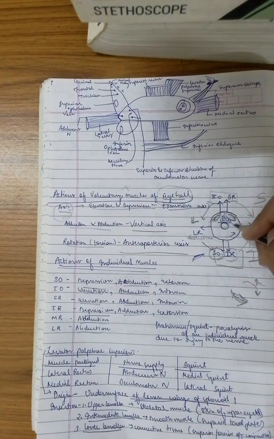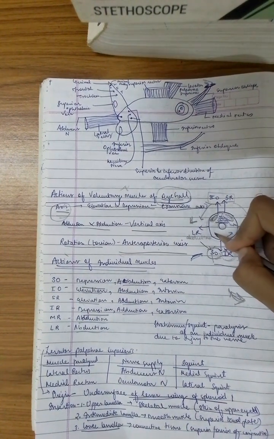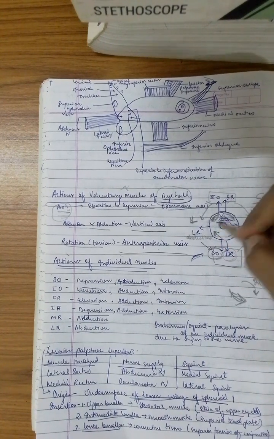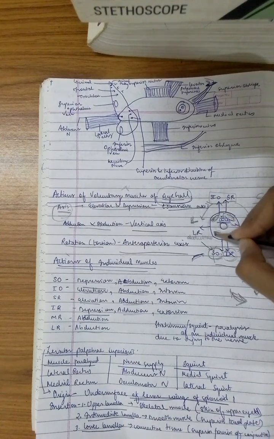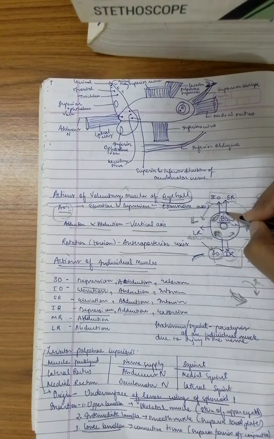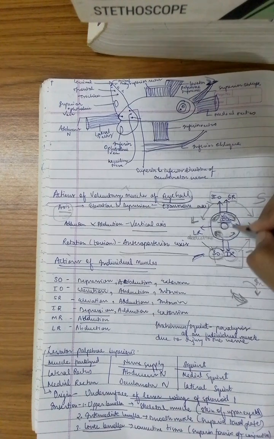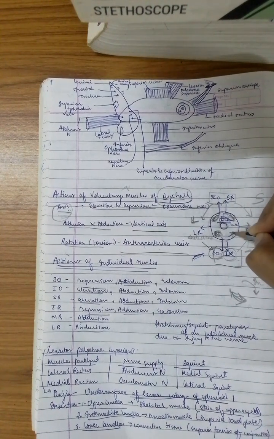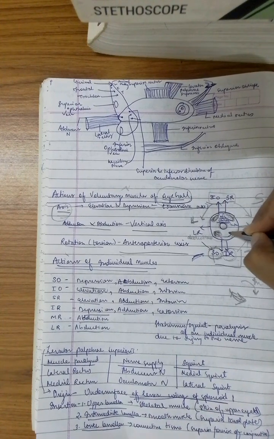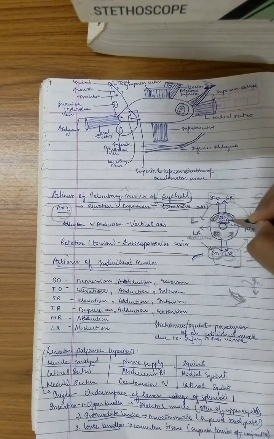Superior oblique is extorsion. Okay, this is intorsion, this is extorsion. Inferior rectus is in extorsion, superior rectus is intorsion.